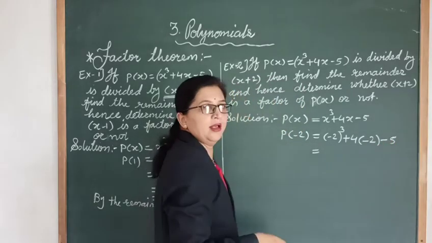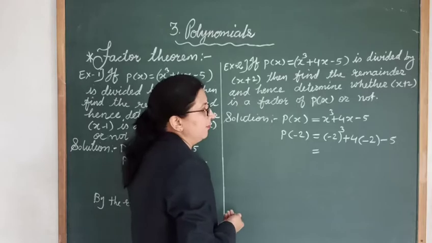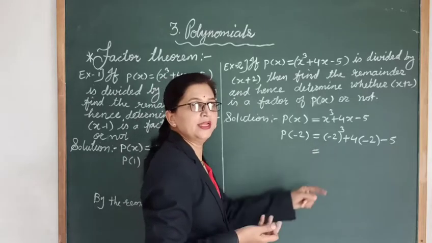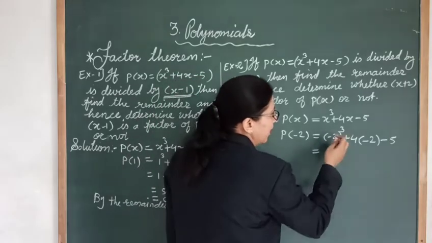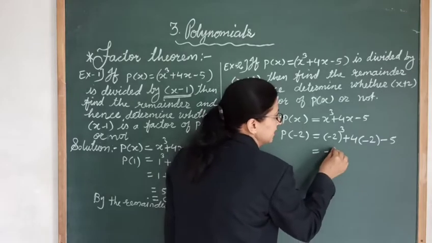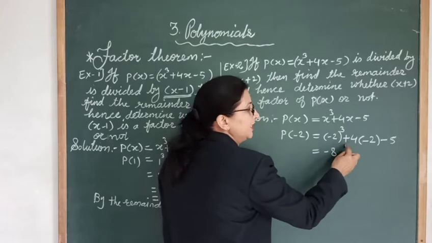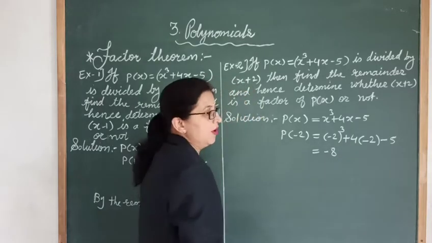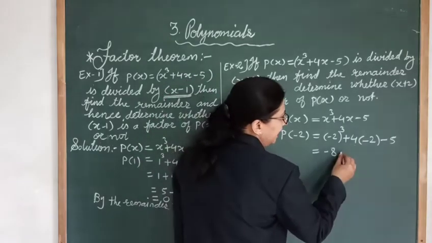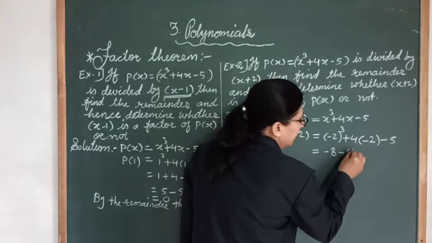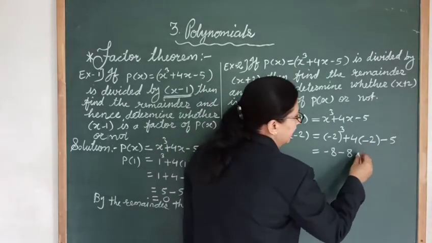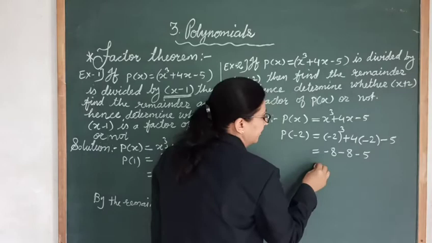Okay. So as we know, the cube of a negative number is negative. So here the cube of 2 is 8, and as it is negative, that's why negative 8. Then 4 is positive, 2 is negative. Product of different signs is negative. So 4 2s are 8. That is negative 8 minus 5.